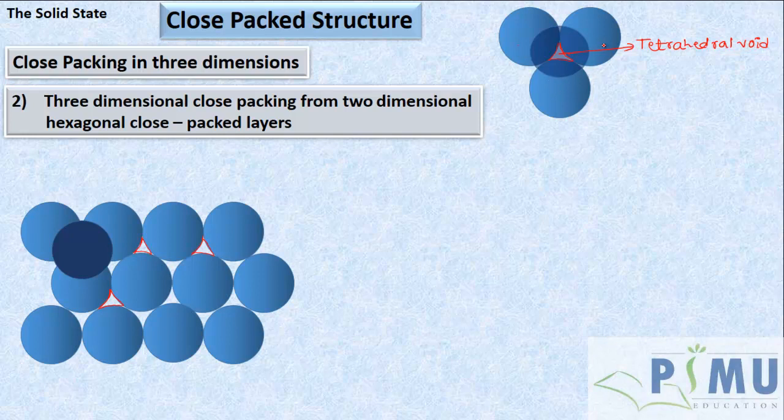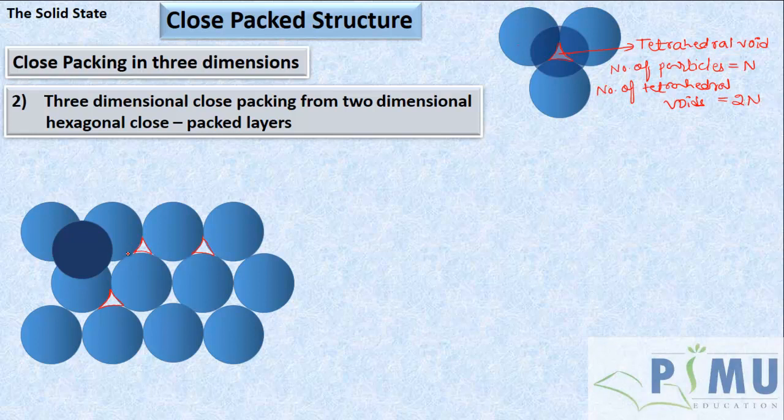That means anions form the crystal lattice and cations will be present in the voids. In a crystal, if the number of particles equals n, then the number of tetrahedral voids equals 2n. That means the number of tetrahedral voids will be twice the number of particles present in the crystal.